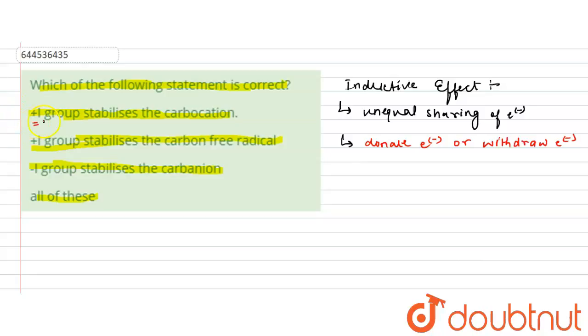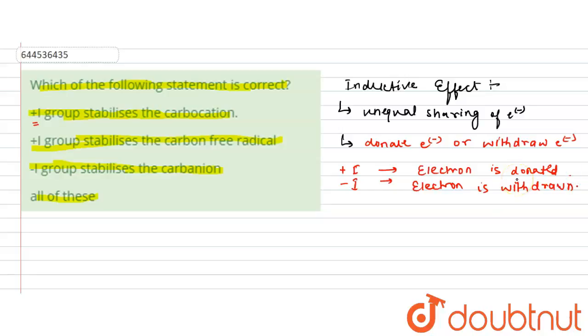Now plus I group refers to a group where electron is donated, and negative inductive effect refers to electron being withdrawn. So these are the two types of inductive effect.